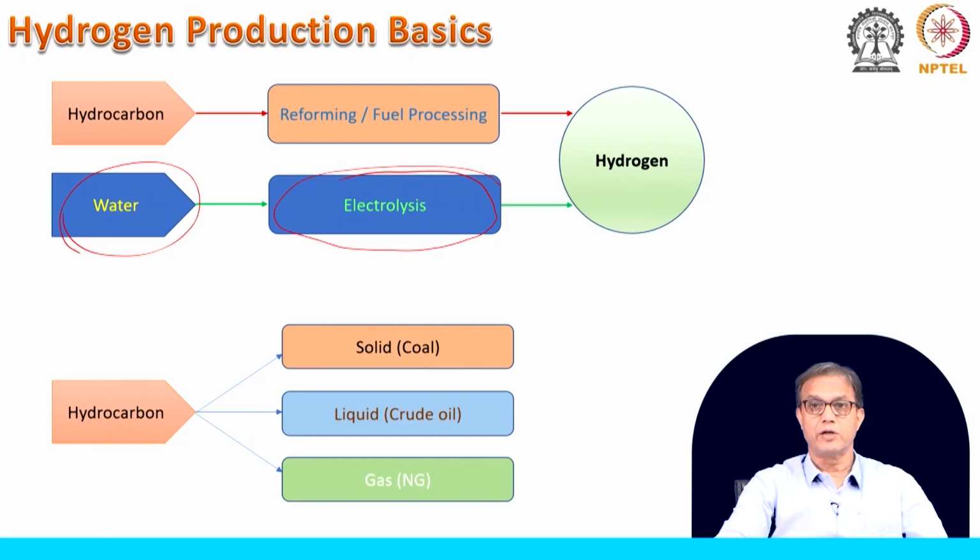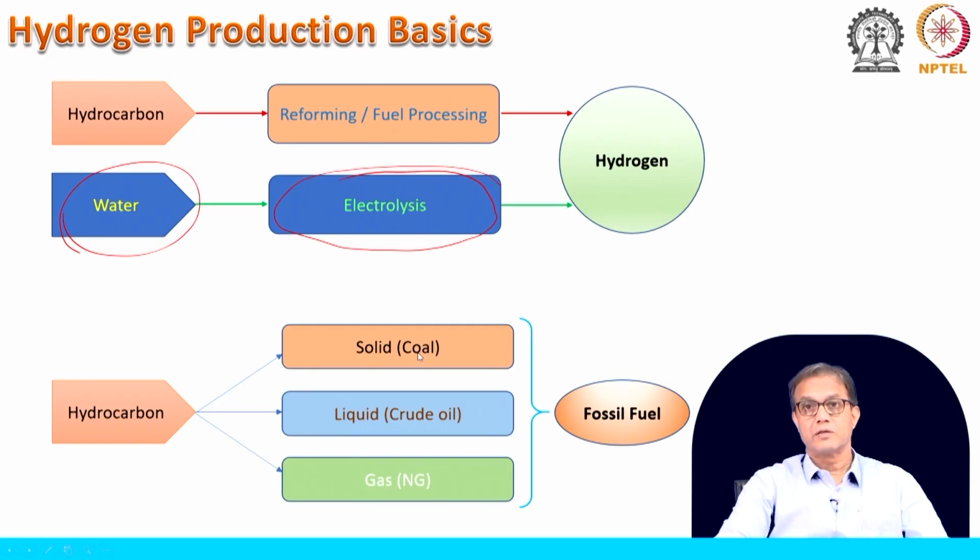As we have talked about earlier, coal is the one with which our industrialization started, and we have very matured, well established technologies associated with coal. But all these three forms of energy, be it coal, crude oil or natural gas, are fossil fuels.